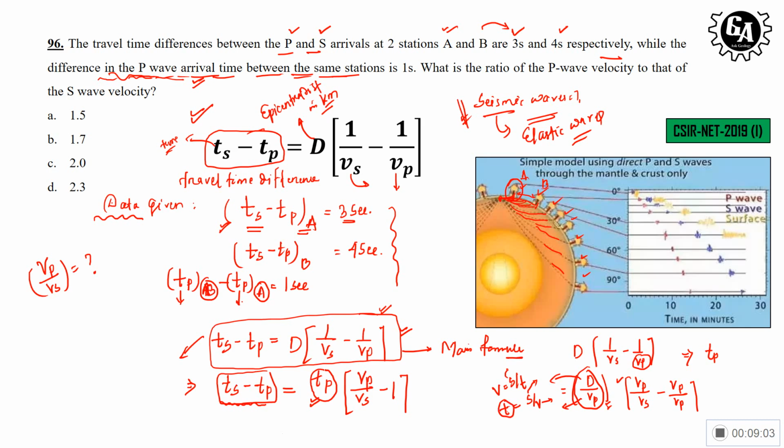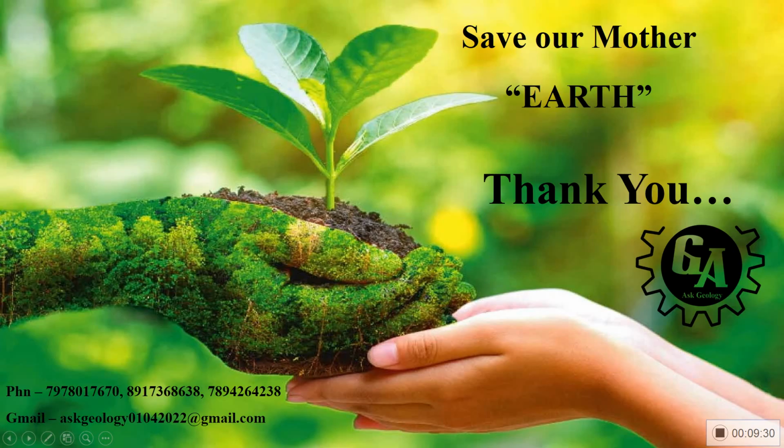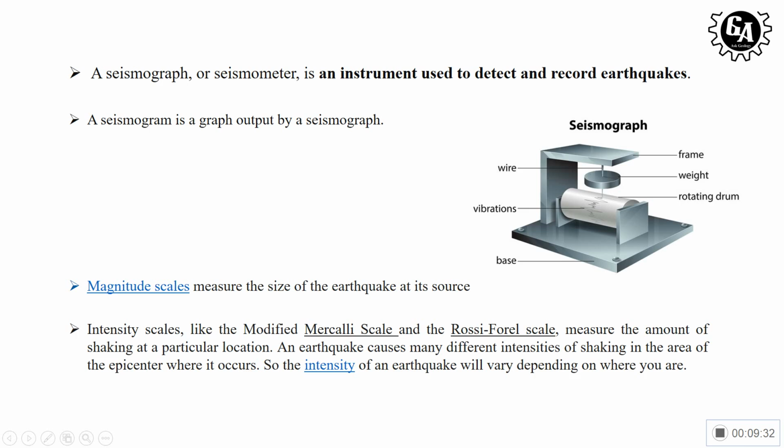So in place of D by Vp I can write Tp, which is equal to Vp by Vs minus 1. So Ts minus Tp is equal to Tp times (Vp by Vs minus 1). Let it be the first equation.